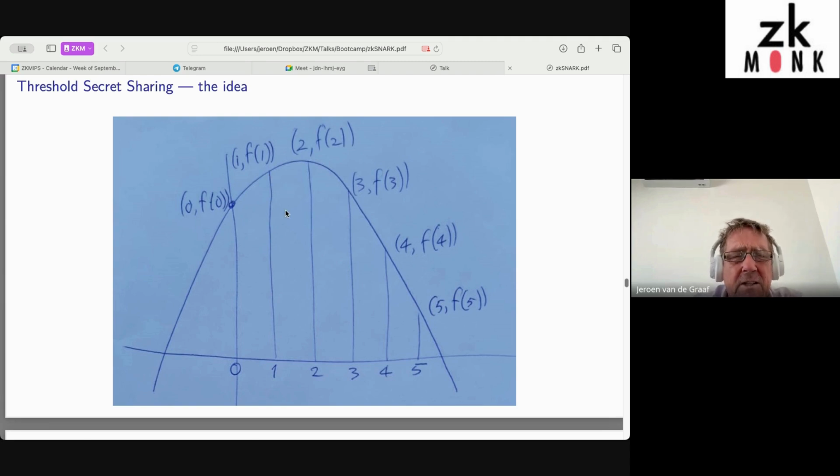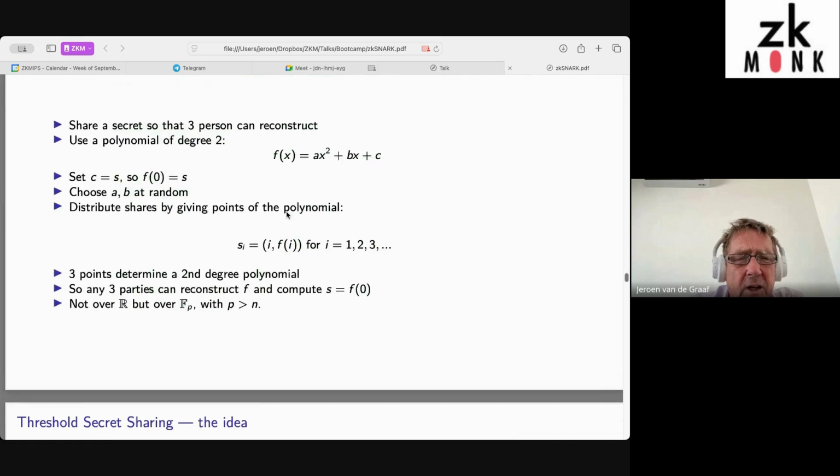The idea then, as explained here, is that we send out the values for 1, 2, 3, 4, 5. Because it's of degree 2, we know that 3 points determine exactly a polynomial of degree 2. So any 3 parties can reconstruct f, and they can compute f of 0.